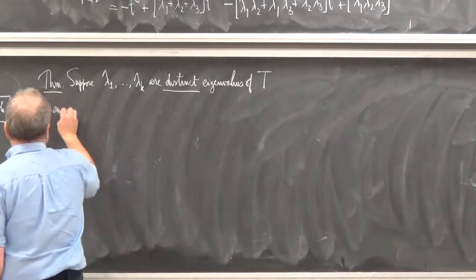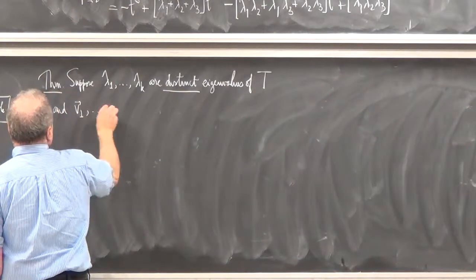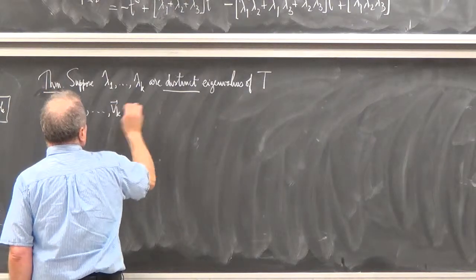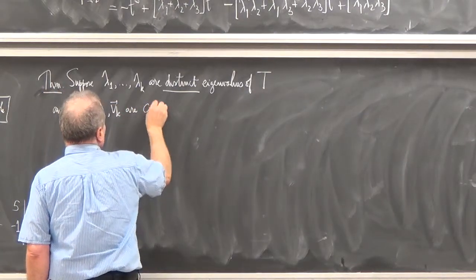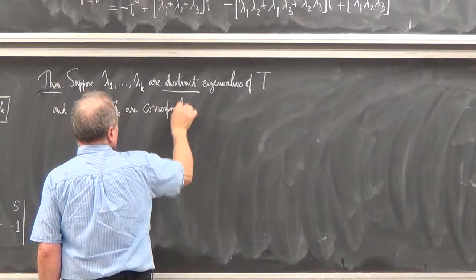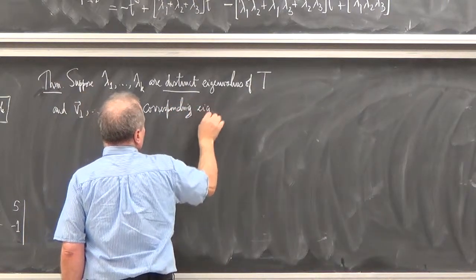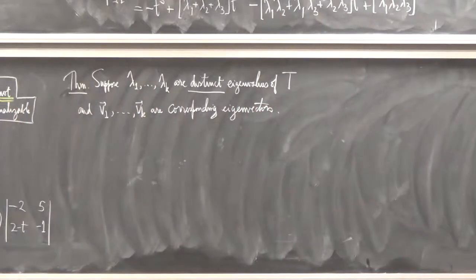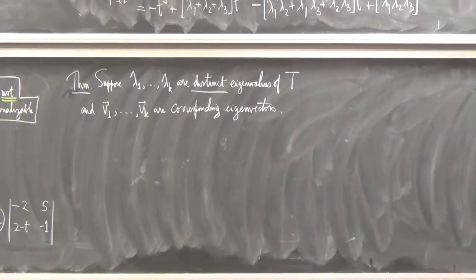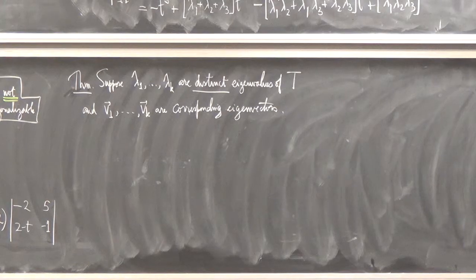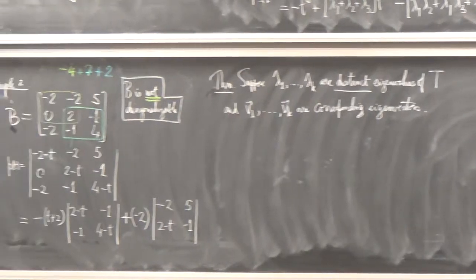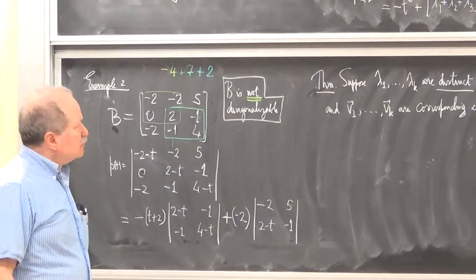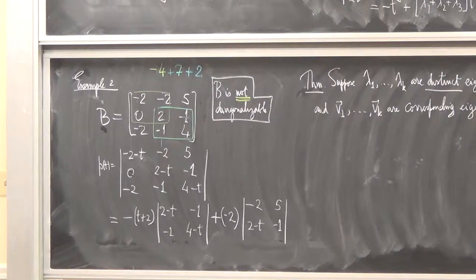And let's suppose that v1 to vk are corresponding eigenvectors. By corresponding, I mean that v3 is an eigenvector with eigenvalue lambda 3, etc. When we were talking the other day, we said that corresponding eigenvectors must exist.